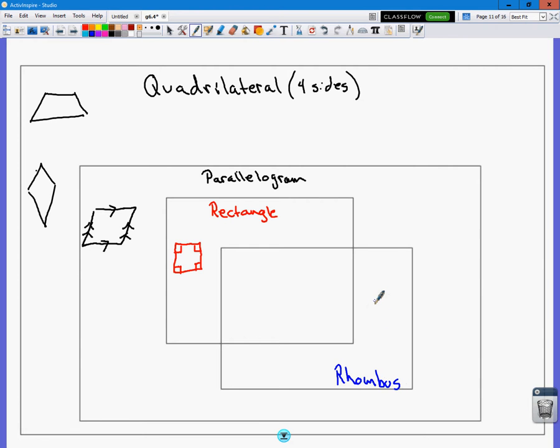Not only was it a parallelogram, but it was the kind of parallelogram where all 4 sides were the same. And where the rhombus and the rectangle overlap, what's going to be in here? Our square. So everything that's in here not only is going to have 4 right angles, but it's also going to have 4 congruent sides.